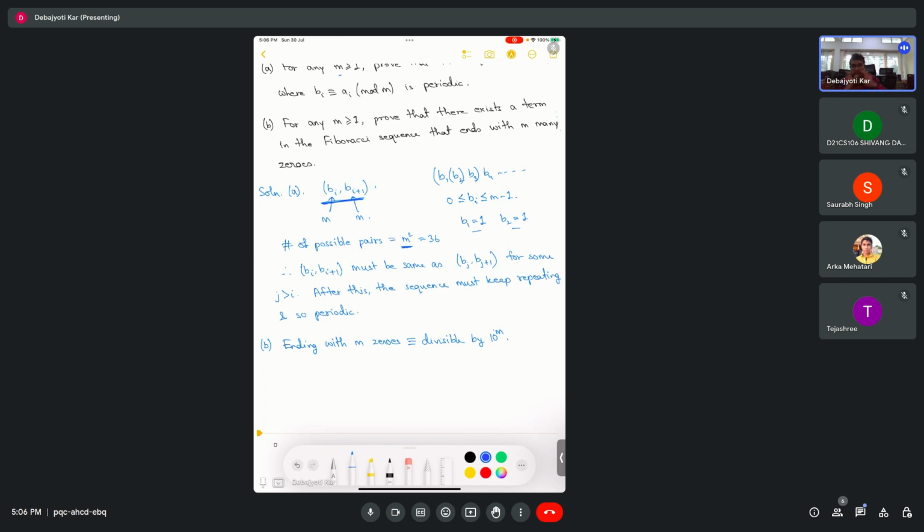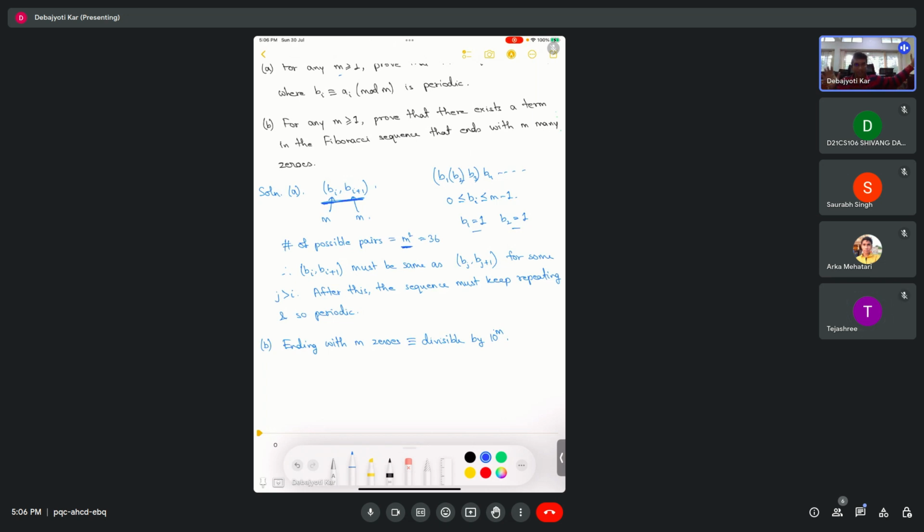So hence there must be a repetition, because the number of holes is finite and the number of pigeons is infinite. So there must be a hole wherein two pigeons, in fact an infinite number of pigeons, come. This is the infinite version of the pigeonhole principle, if you go through the lectures.